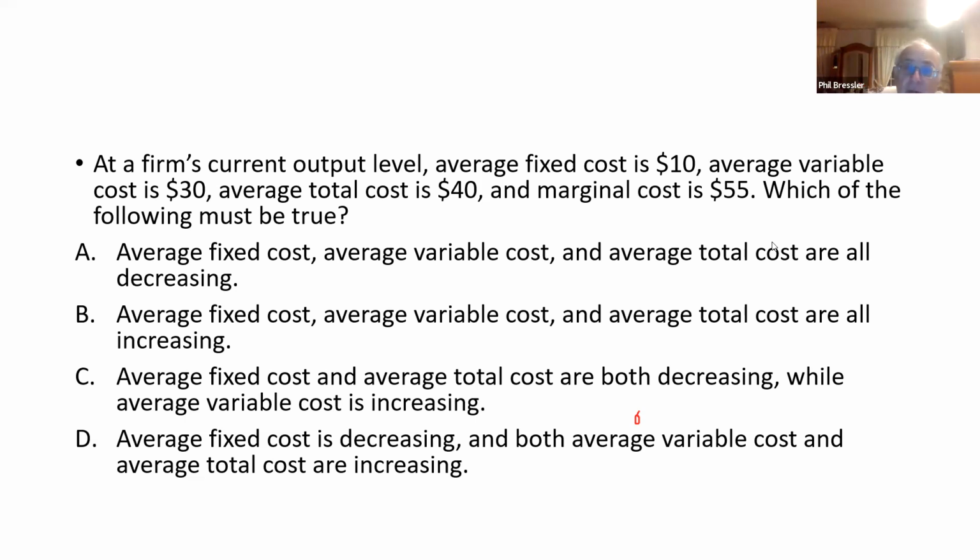If that's 30 and marginal cost is 55, that has to go up. So it's D as in dogwood. Okay, any questions? Okay.